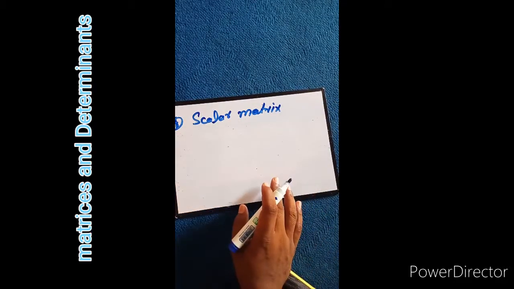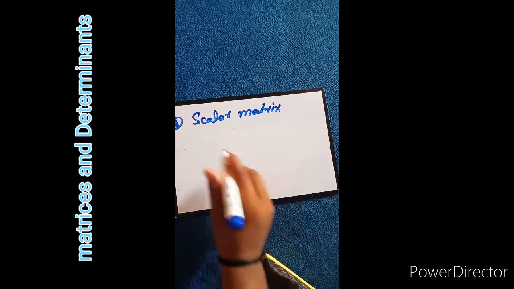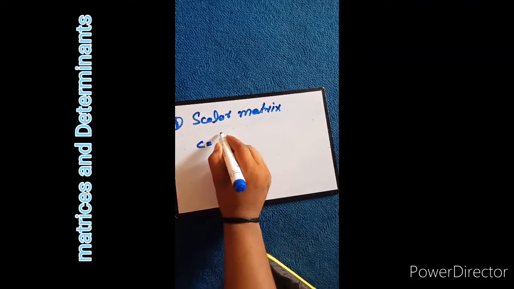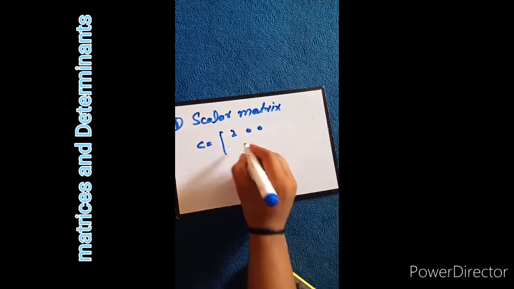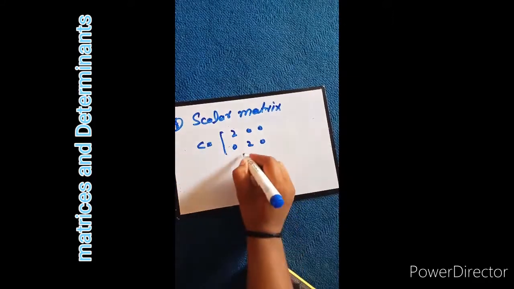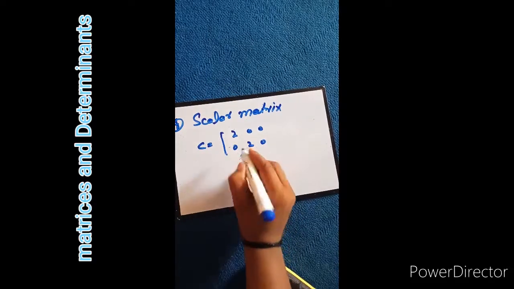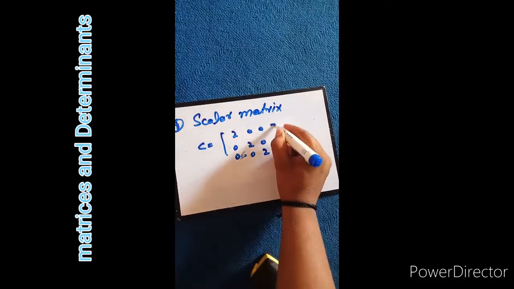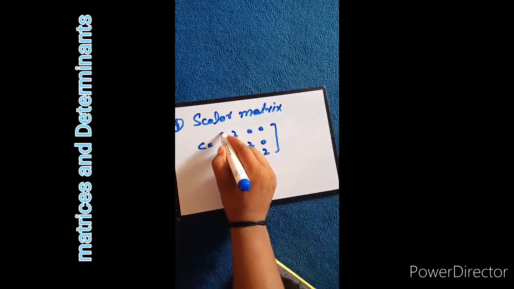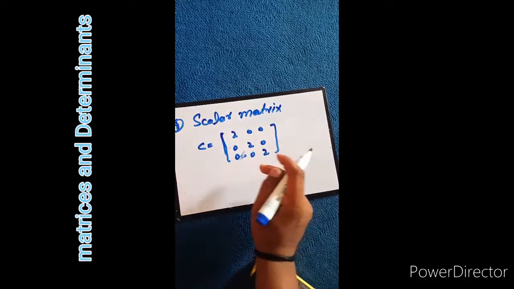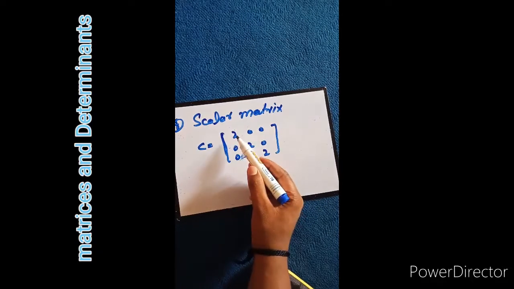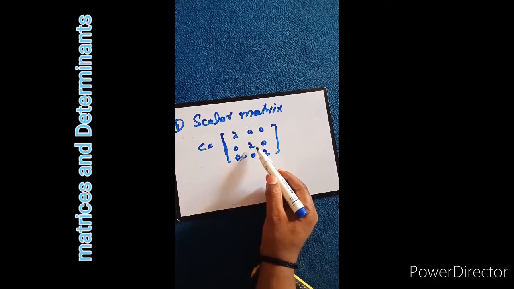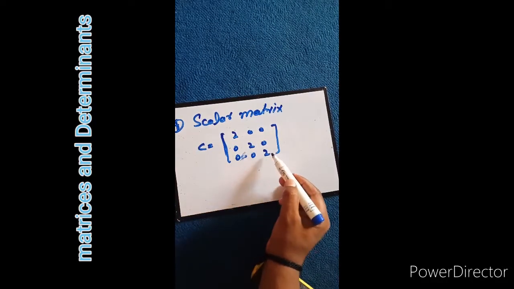So to define a scalar matrix, it is the same as the diagonal matrix, but the element at the first row, the second element of the second row and the third element of the third row will be the same.